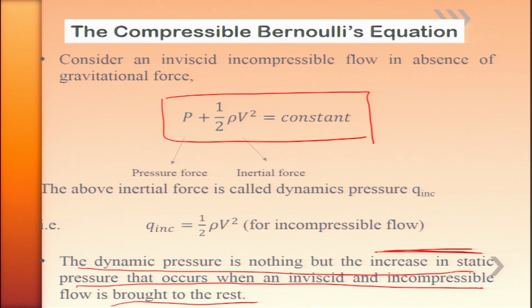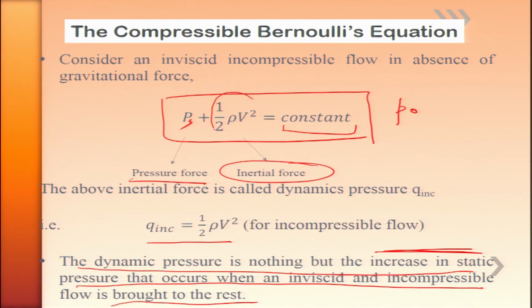In doing so, P refers to the pressure forces and half rho V square essentially is the inertial forces. If the constant is P naught, we have also seen that P naught minus the static pressure P gives the dynamic pressure, which is half rho V square for incompressible flow.